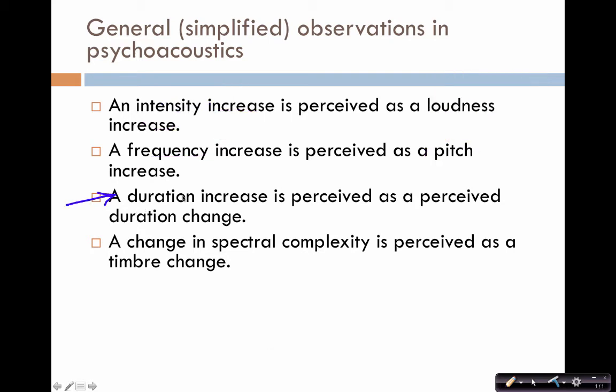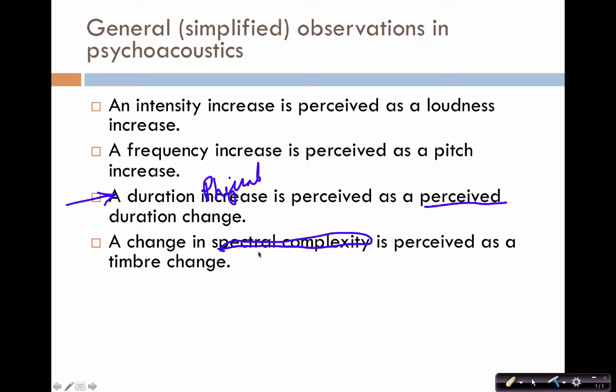We can talk about the duration of a sound, which is the physical characteristic, and we can perceive this as the amount of time that the signal is on. And there's one final one, which has the physical name of spectral complexity, which is kind of ambiguous.